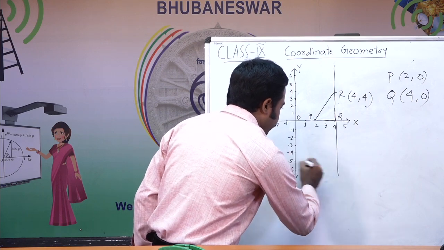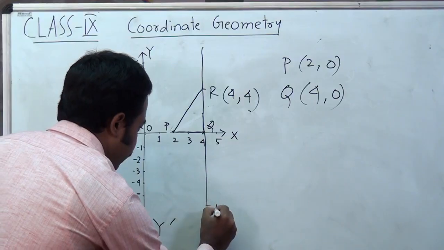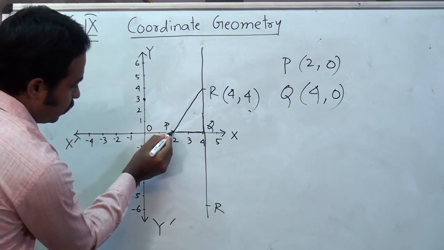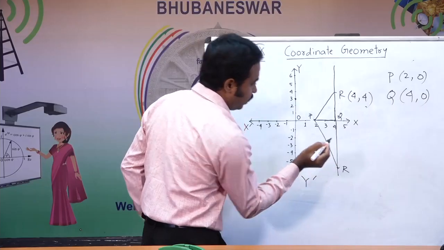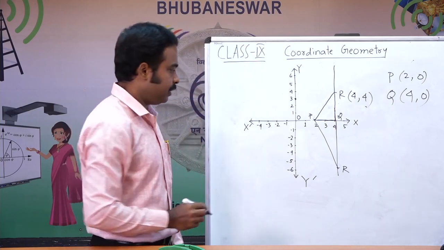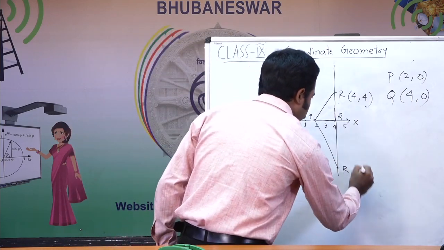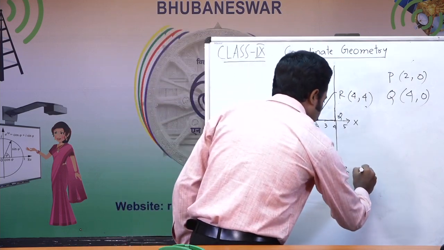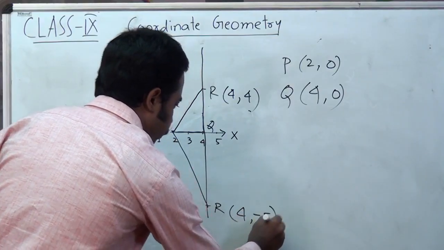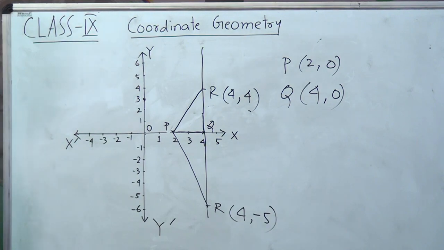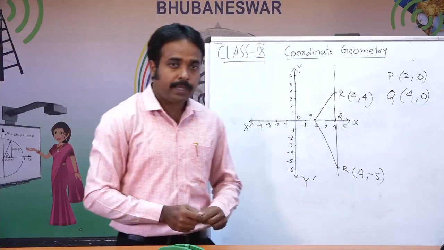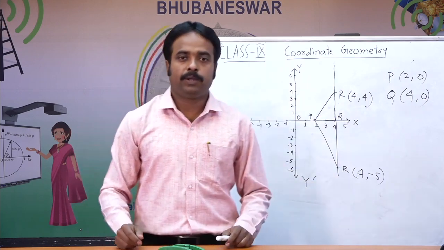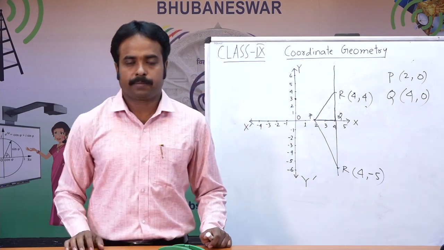If we join this, again this is a right triangle. The coordinates of the point R are 4, -5. So that means any point on this line will serve our purpose.